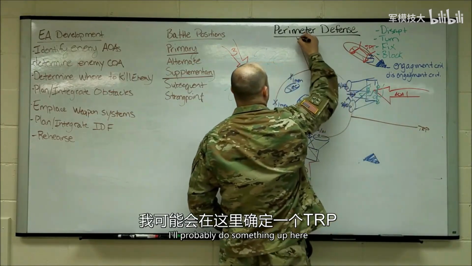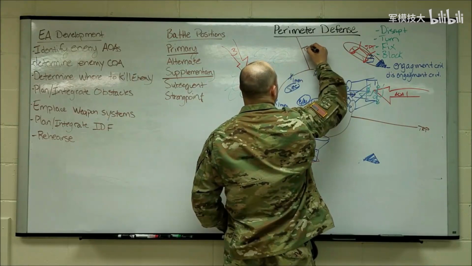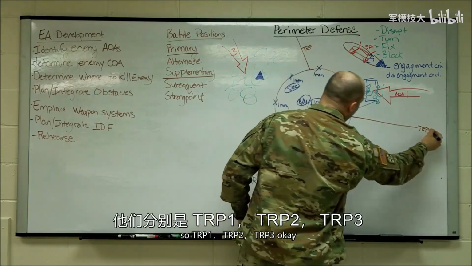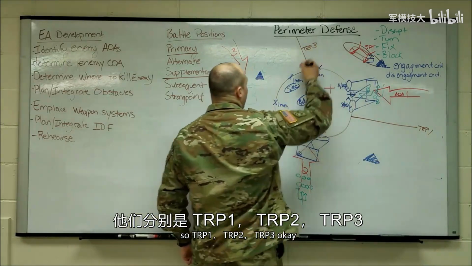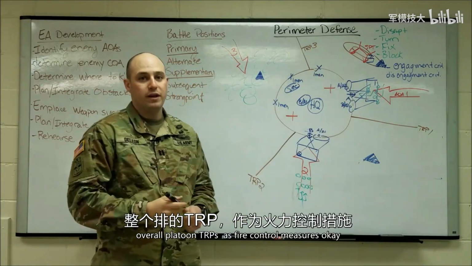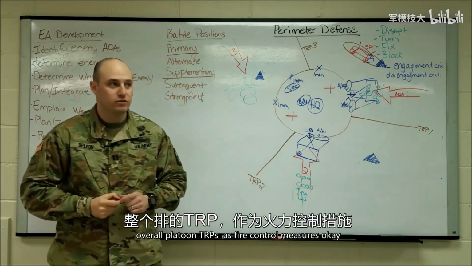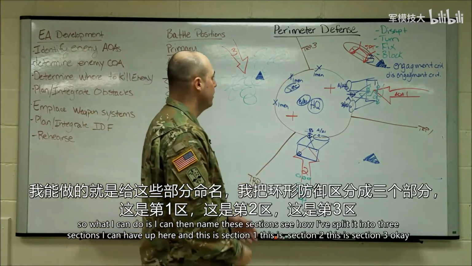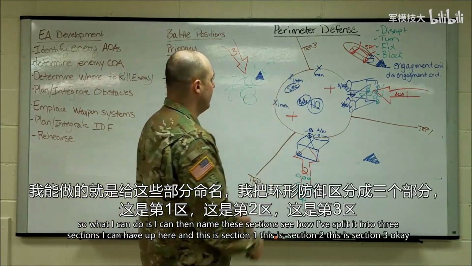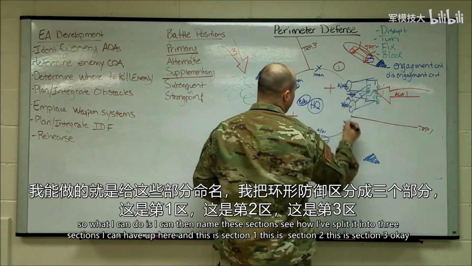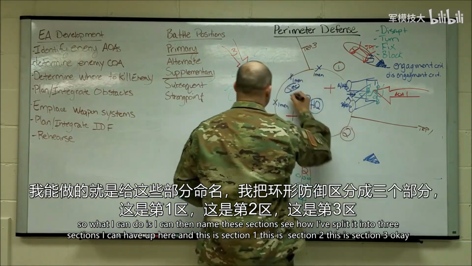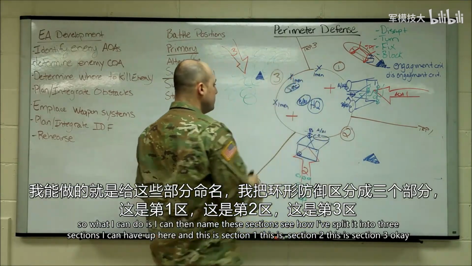I'll probably do something like up here. So TRP1, TRP2, TRP3, okay? Overall platoon TRPs, all right, as fire control measures, okay? So what I can do is I can then name these sections. See how I've split it into 3 sections? I can have up here, hey, this is section 1, this is section 2, this is section 3, okay?